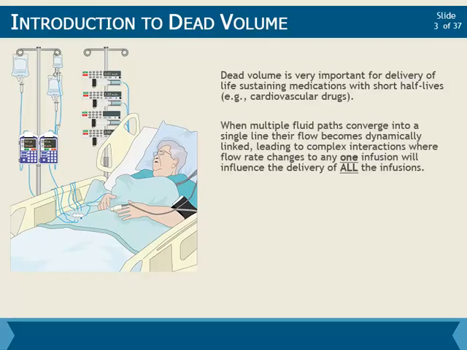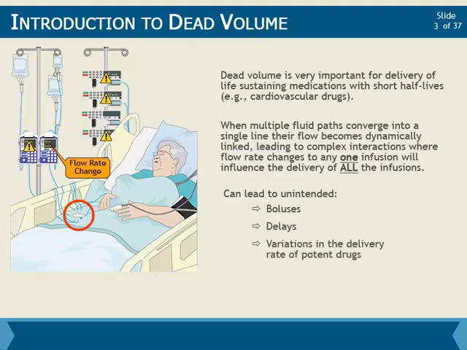When multiple fluid paths converge into a single line, their flow becomes dynamically linked, leading to complex interactions where flow rate changes to any one infusion will influence the delivery of all the infusions. These interactions can lead to unintended boluses, delays, and variations in the delivery rate of potent drugs, resulting in unintentional clinical effects for our patients.